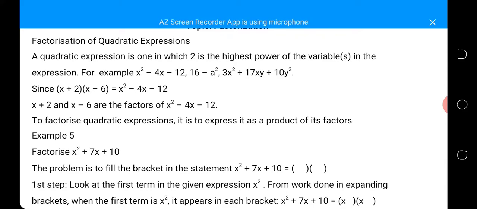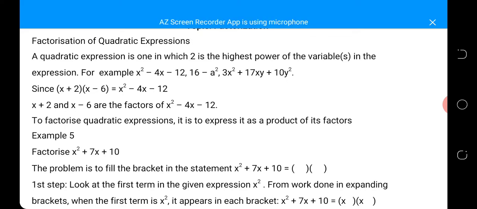And we know that (x plus 2)(x minus 6), when expanded, will give us x squared minus 4x minus 12. This means that x plus 2 and x minus 6 are the factors of x squared minus 4x minus 12.